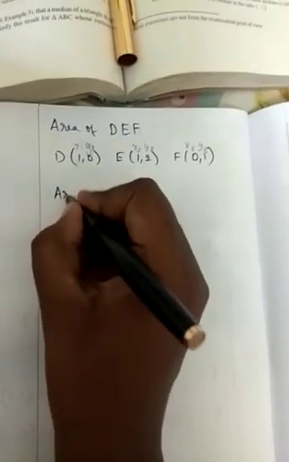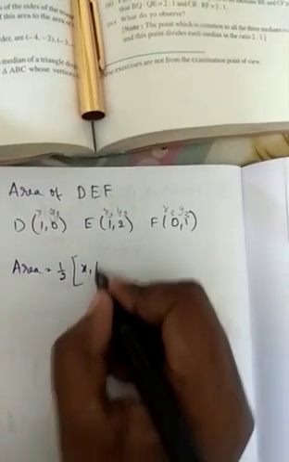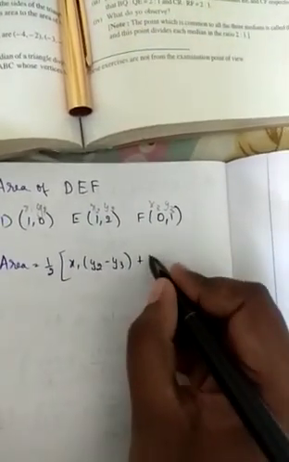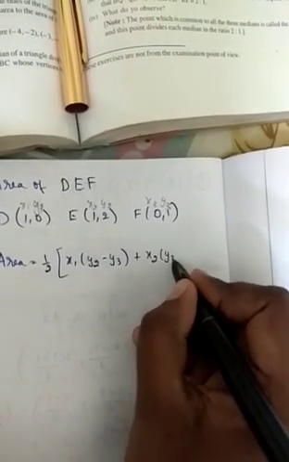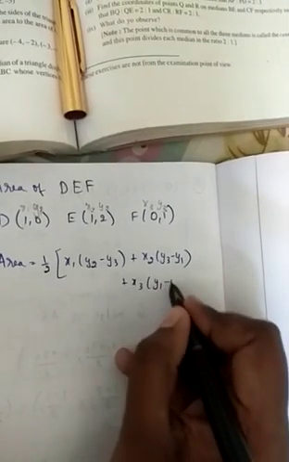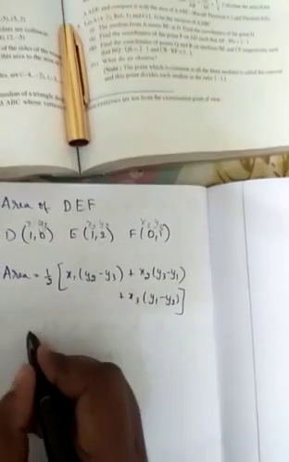Now, what is the area formula? Half into x1 times (y2 minus y3) plus x2 times (y3 minus y1) plus x3 times (y1 minus y2).